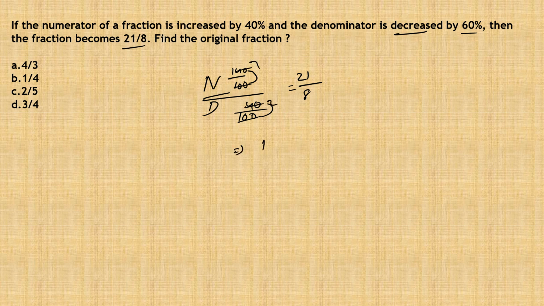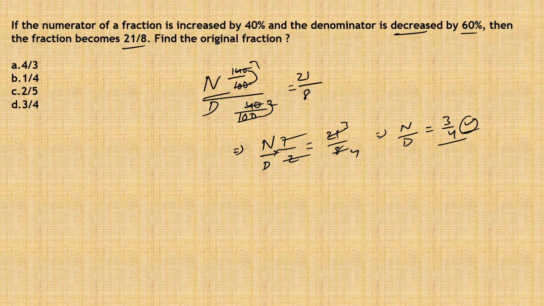That implies n by d into 7 by 2 is equal to 21 by 8. 2 4s are 8, 7 3s are 21. Therefore, the fraction numerator by denominator is equal to 3 by 4. It was the original fraction. That's what we need to find.